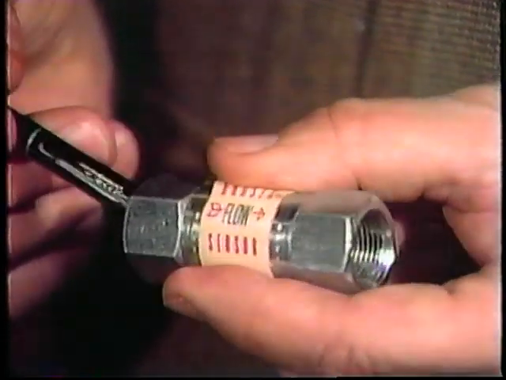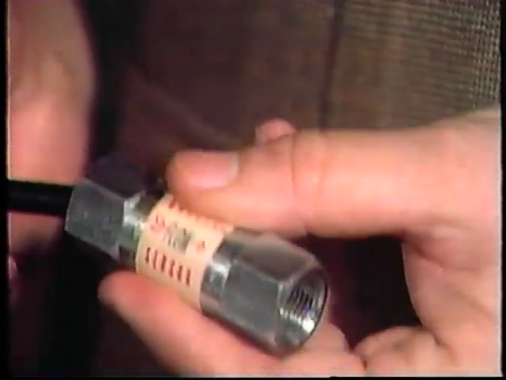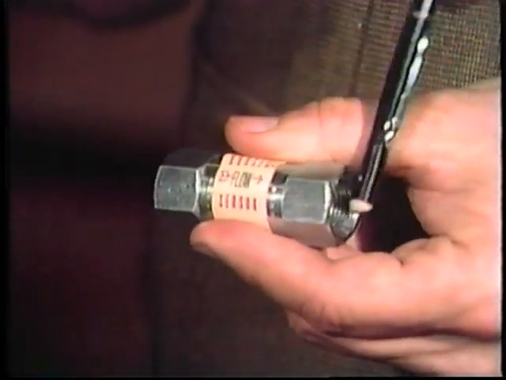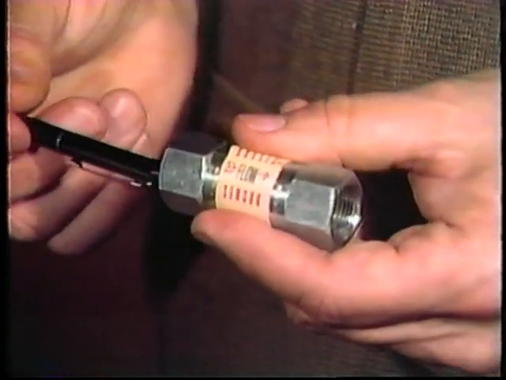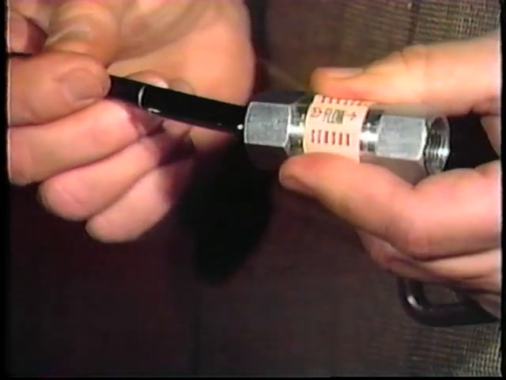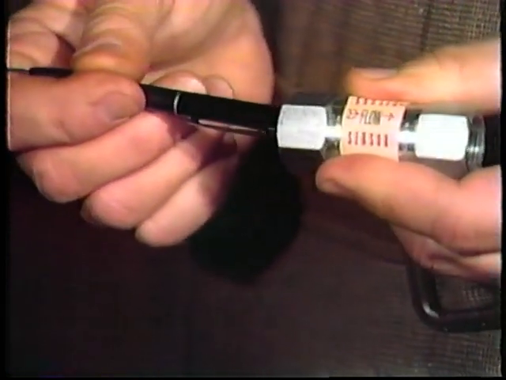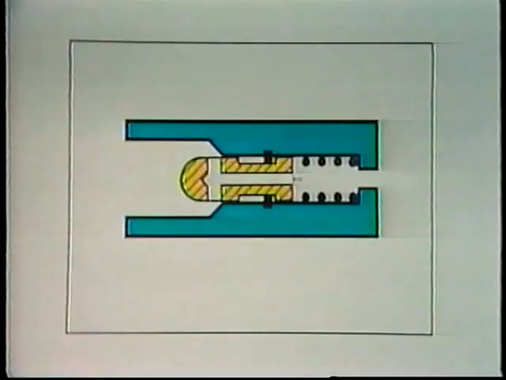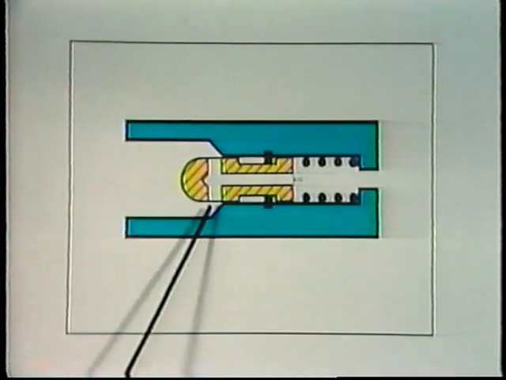Here is an excess flow valve. This is the input or supply side here, and here is the output side. The valve is normally passing and closes when the flow rate suddenly increases past a certain value, as would happen if a line breaks. This illustration shows one design. Flow is through the valve from left to right.